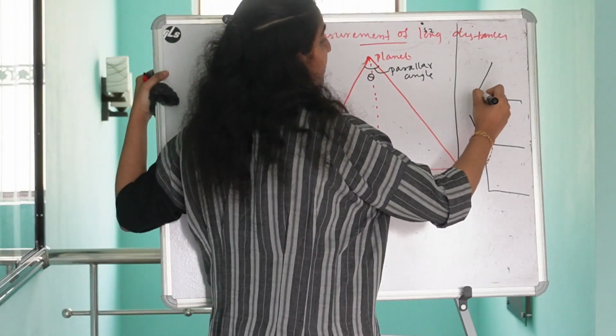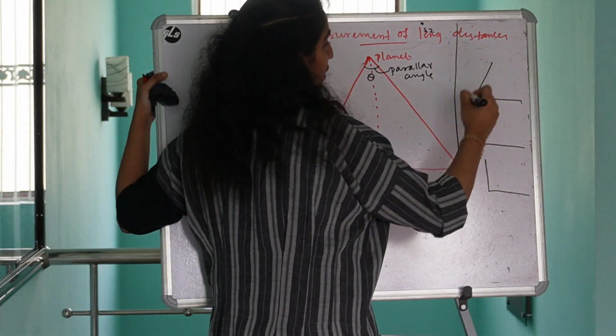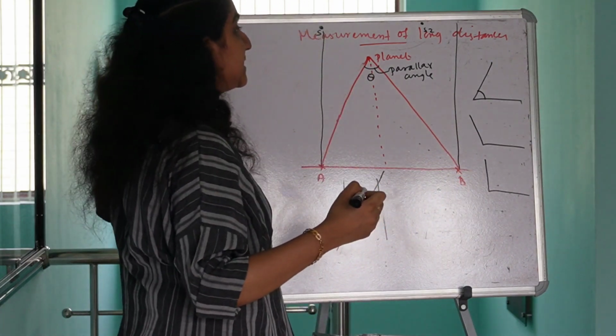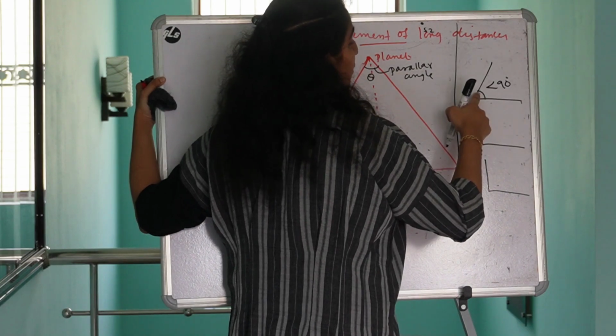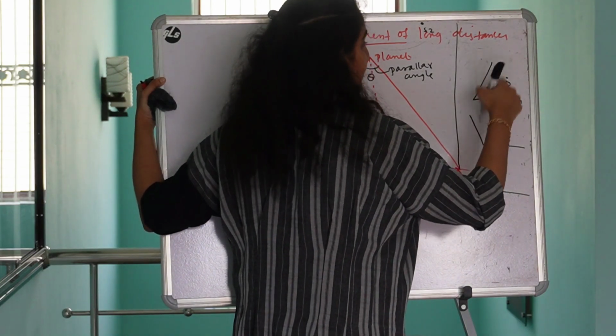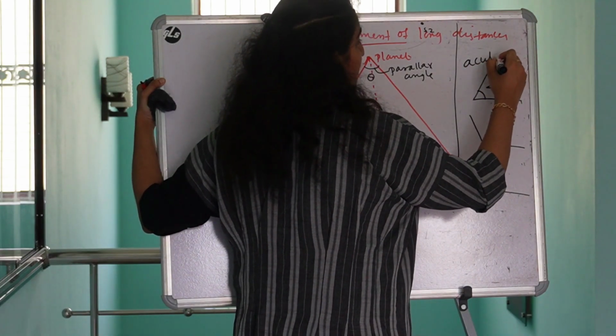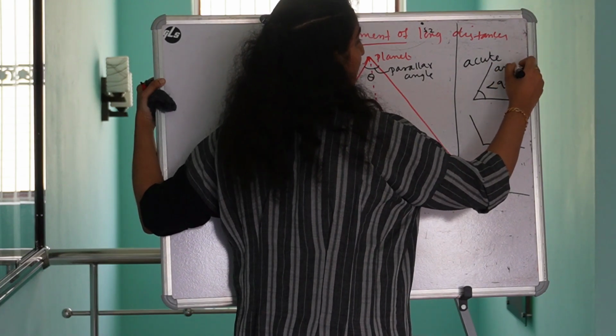First one, if the angle formed when two lines intersect is less than 90 degree, such angles are known as acute angles.